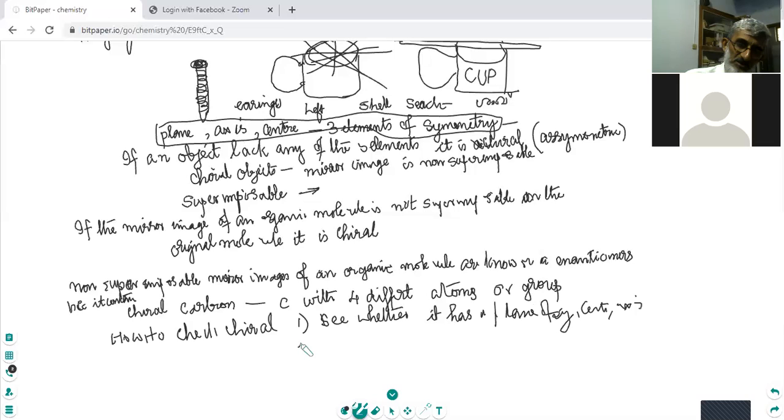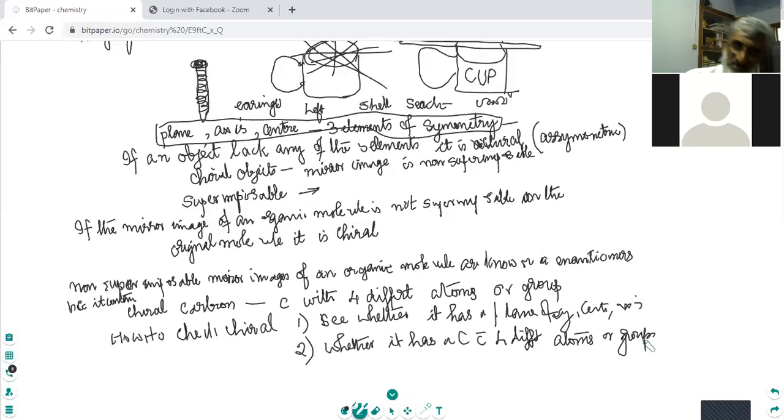Number two, if this is not, you can do it this way also: whether it has a carbon with four different atoms or groups.